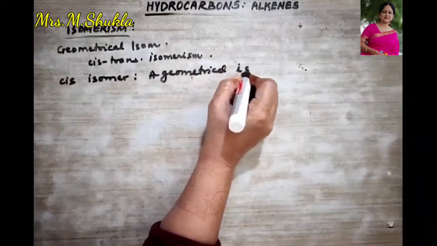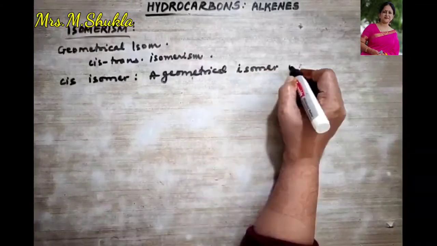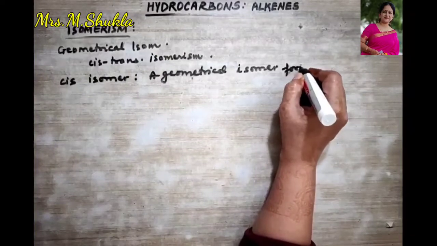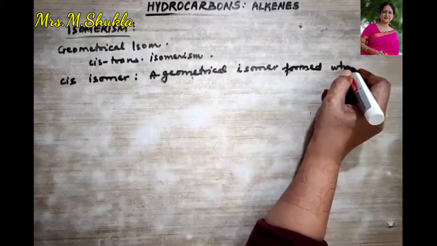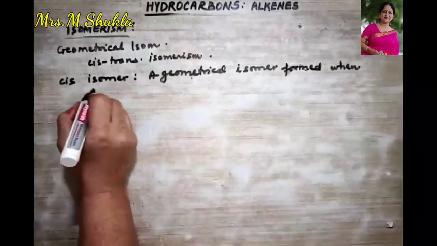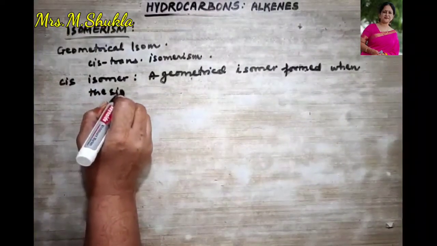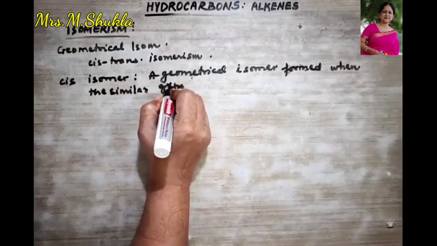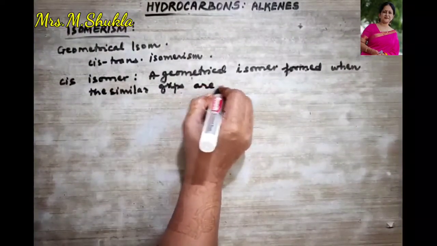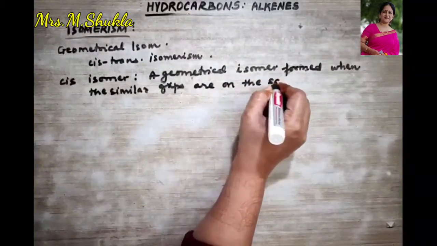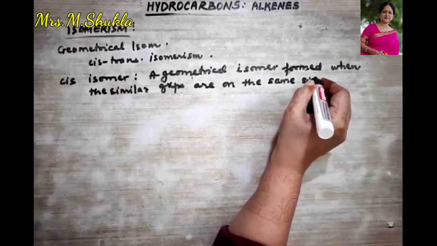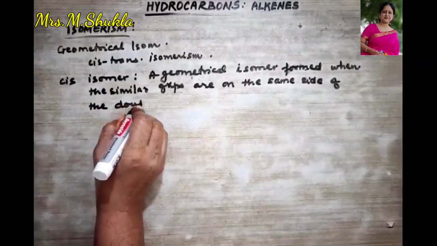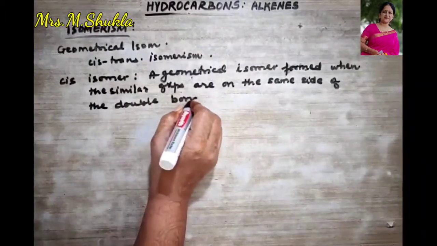Geometrical isomer formed when the similar groups are on the same side of the double bond.